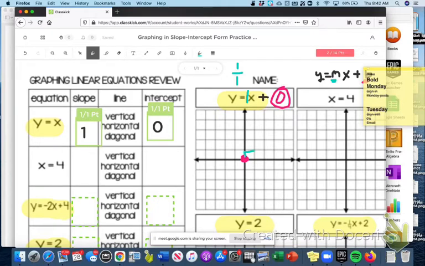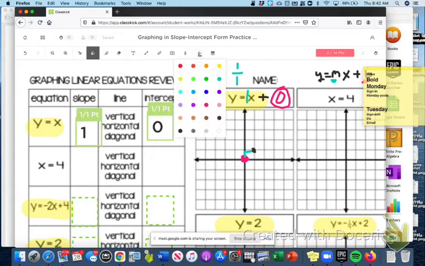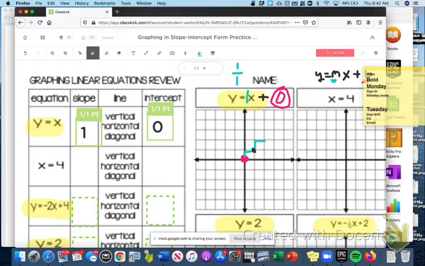So our next coordinate is going to go right there. Then I'm going to go up 1 and over 1 again, because remember, every math teacher in America says you need 3 coordinates in order to determine whether or not you have graphed your line correctly.